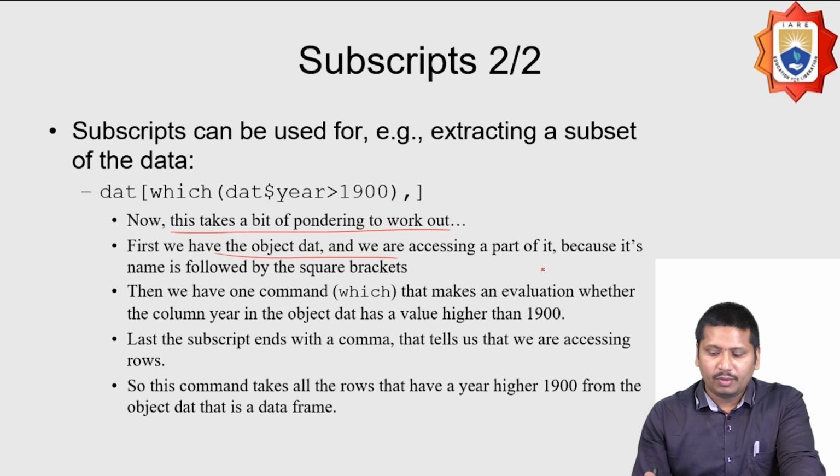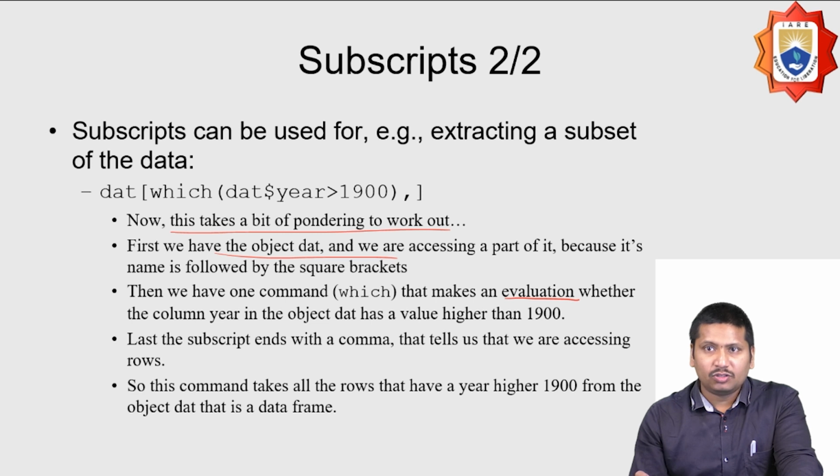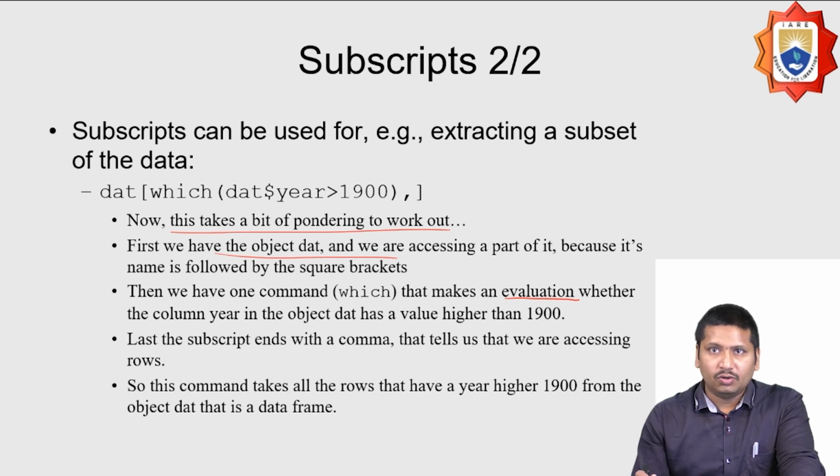And then we have one command which evaluates whether the year column in the object data has a value higher than 1900. Then the subscript ends with a comma, which tells us that we are accessing rows. Note this command takes all the rows that have a year higher than 1900 from the object data frame.